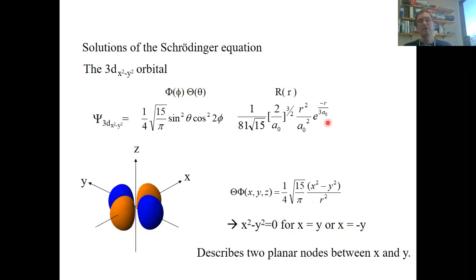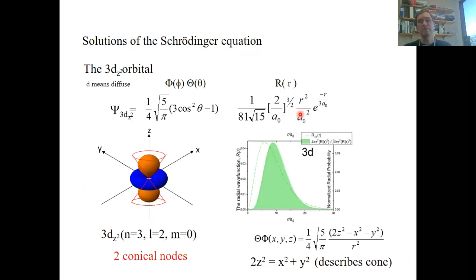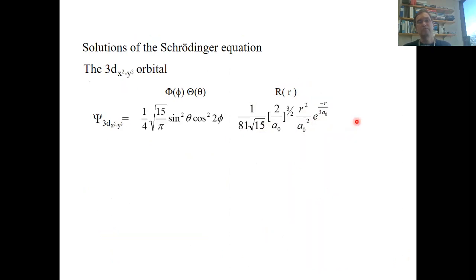We can also have a look at the radial part of the wave function more closely, but there's actually nothing new to learn. It's the same as in the previous case, for the 3dz squared orbital. So the radial part of the wave function is exactly the same.